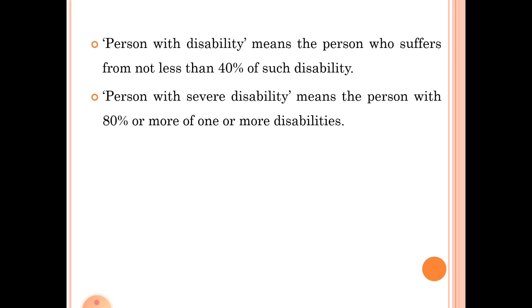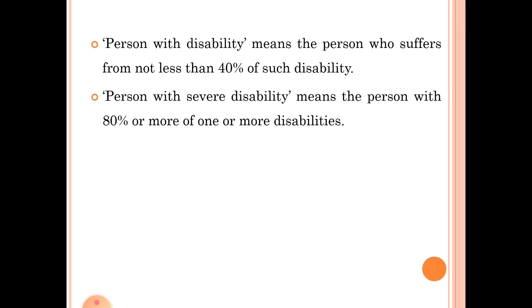Disabled person means a person suffering from disability of 40% or more, and person with severe disability means a person with 80% or more disability. So, these are the conditions and rules under section 80U. These two sections, 80U and 80DD, are the same, but the claiming person is different. Remember that point, other things are the same.